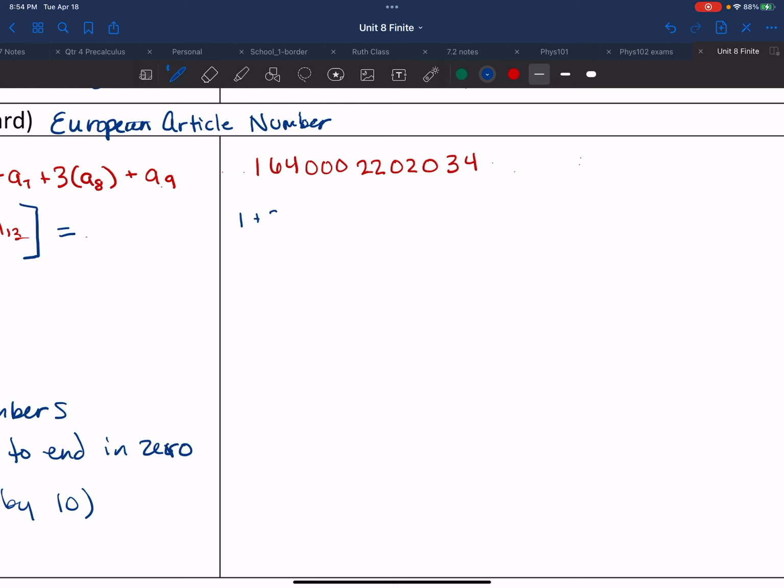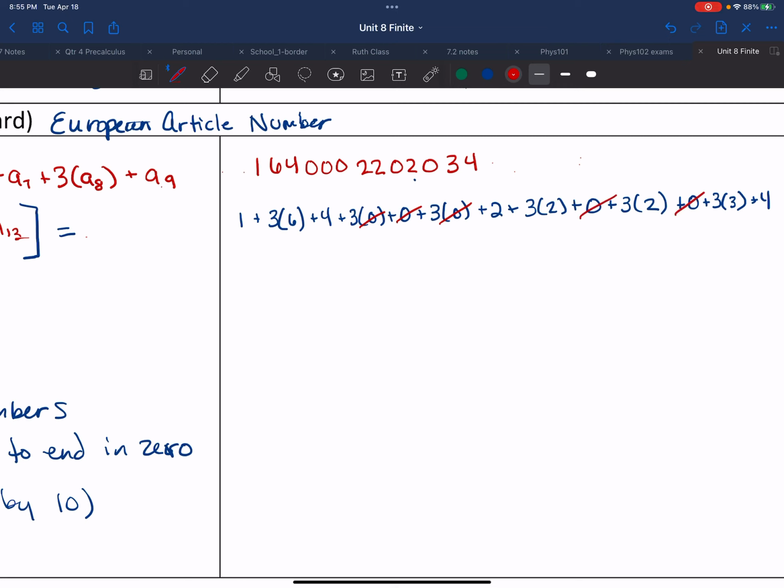So 1 plus 3 times 6 plus 4 plus 3 times 0 plus 0 plus 3 times 0 plus 2 plus 3 times 2 plus 0 plus 3 times 2, plus 0 plus 3 times 3 plus 4. All right, so let's get rid of our zeros so that those aren't distracting us.